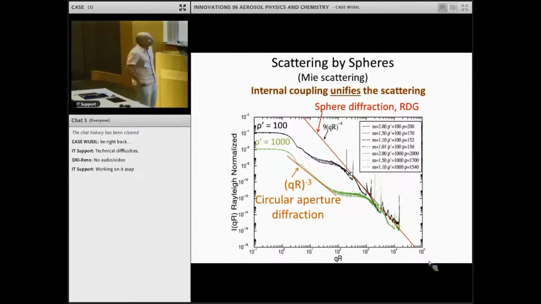Furthermore, there's diffraction limits here. See this 9 QR to the minus 4? That's the original Fourier transform of a sphere. It's fallen off of that, and where is it going? This is the Fourier transform of a circular aperture. What do you get when you get a really big refractive particle? Well, you can catch them in center field. They're called baseballs.